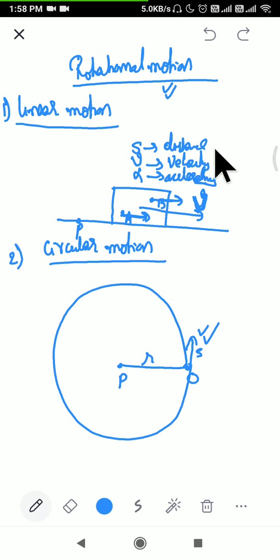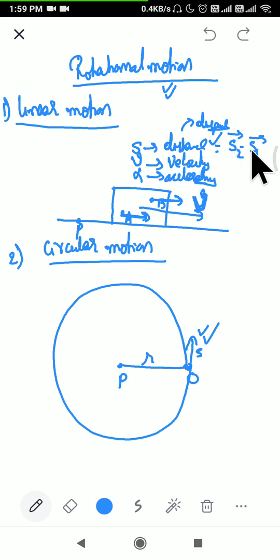Now, how is distance defined? Distance or displacement. Displacement is nothing but the final position vector minus the initial position vector, that is s2 bar minus s1 bar. If I subtract the initial from the final, I get the displacement vector. Distance is a scalar quantity and displacement is a vector quantity, but I am considering only the vector quantity here.